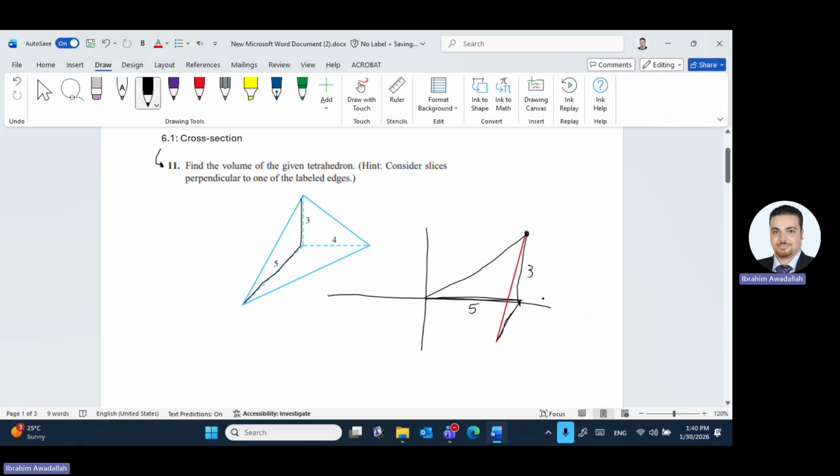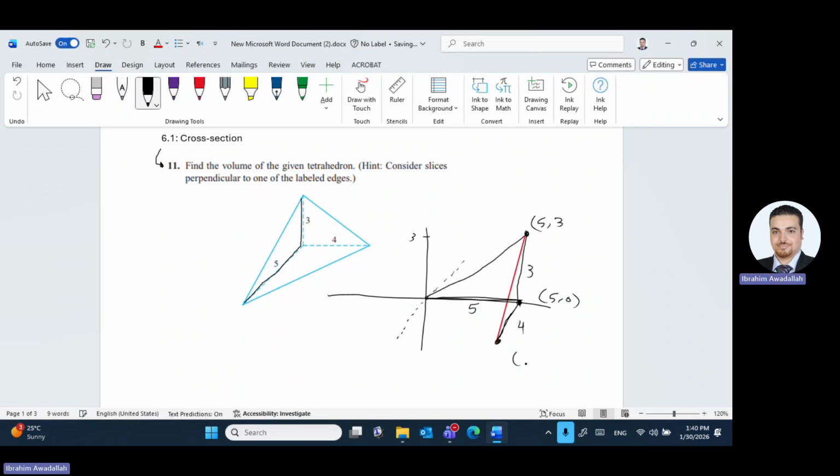So as a point, this would be 5 and 0. As a point, this will be 5 and 3. This is 3. There's another axis here, by the way, z-axis, sorry. This point is 4, I think, yes, 4.